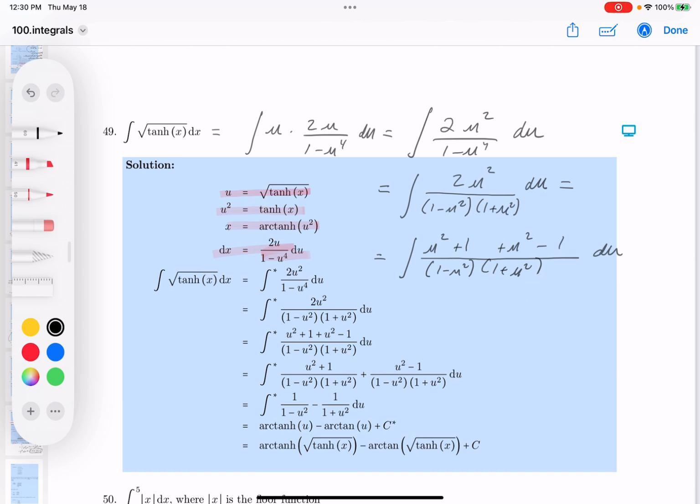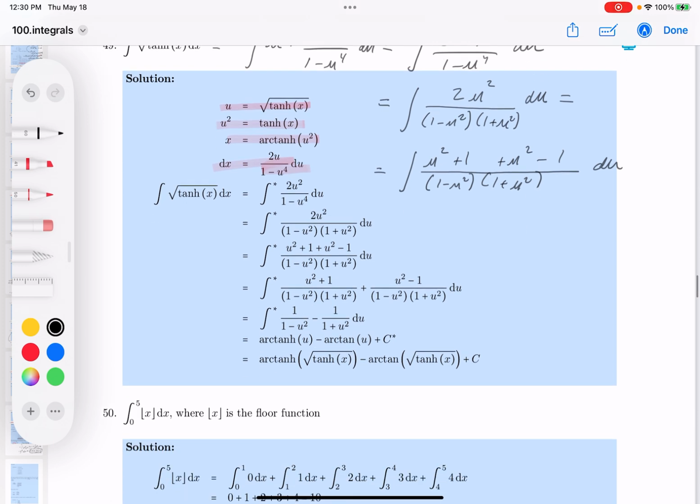I'm going to take that fraction now and split it into two fractions. There's a point to it. And don't think this is the only way to proceed with the problem.